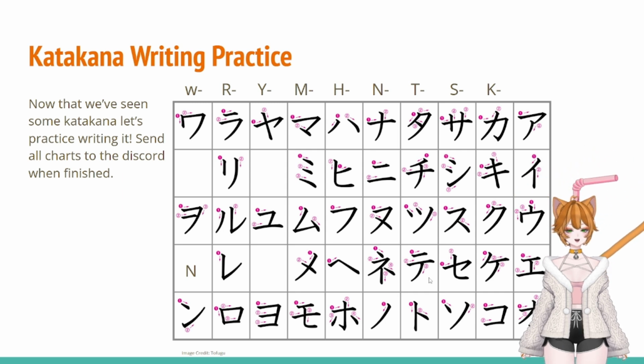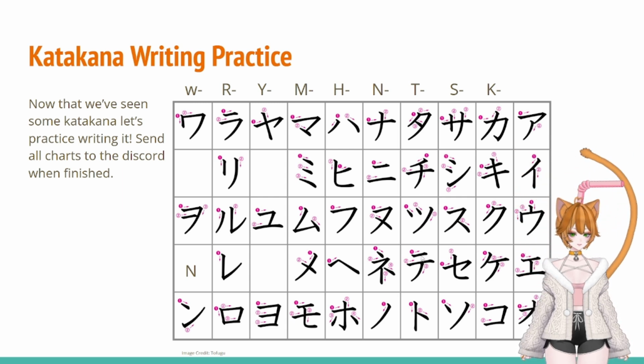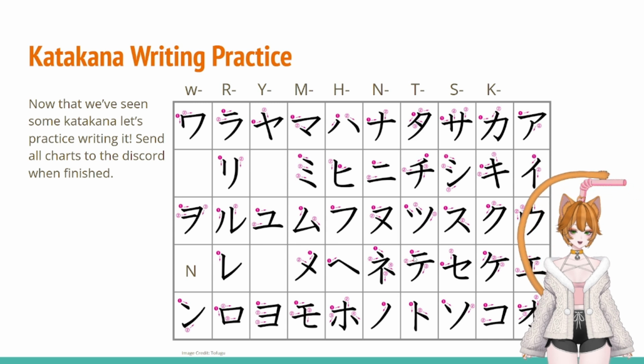All right, let's move on to te. So te kind of looks a little bit like shi if it didn't have the top and bottom horizontal lines. So we start with the first horizontal line, except this one is going to be straight. Unlike chi, it is not curved. It is straight.